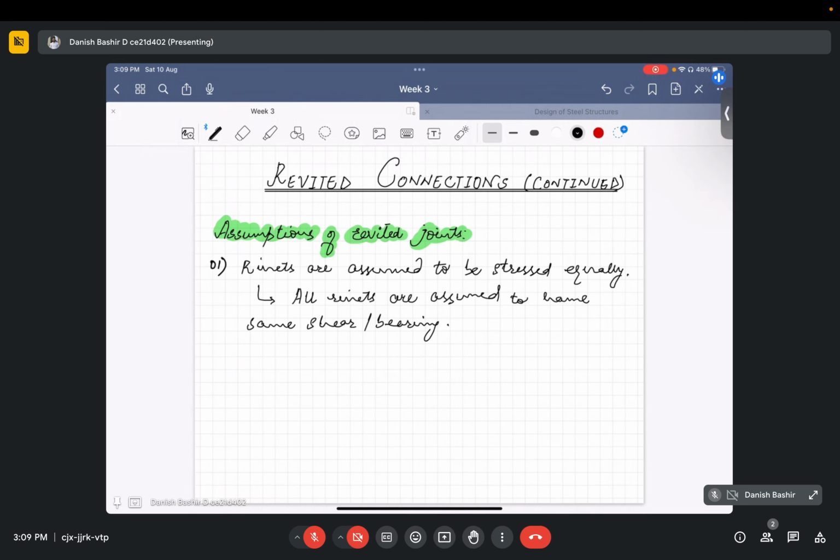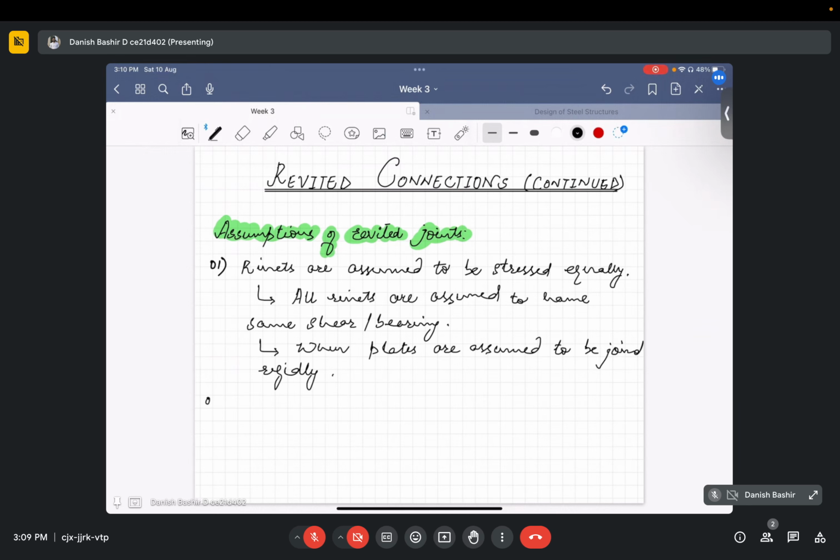This assumption is valid when the plates are assumed to be joined rigidly. So this is the first assumption.